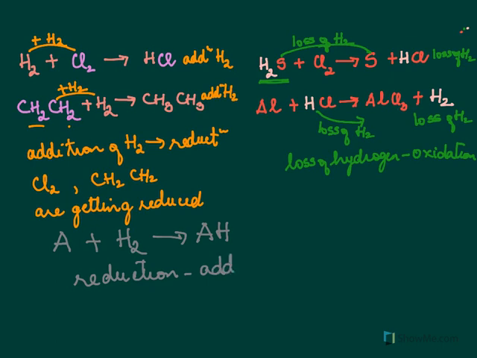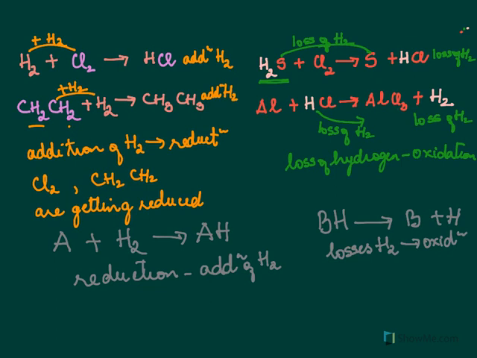It's because hydrogen is added. But suppose we have a compound, say BH, and the BH becomes B plus hydrogen. In this case the BH loses hydrogen, and because it loses hydrogen we say it has undergone oxidation.